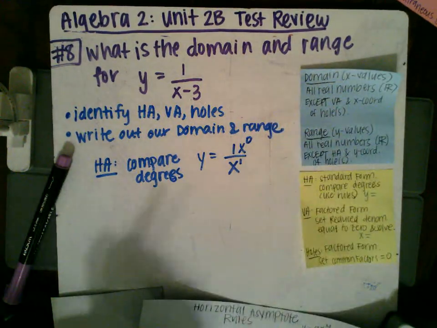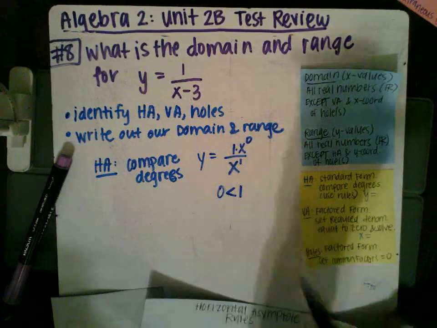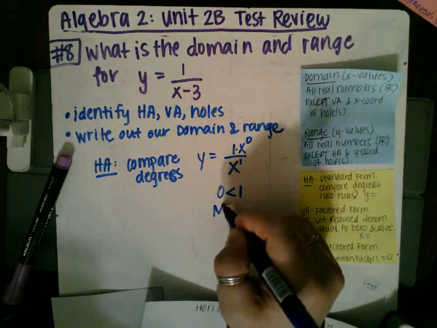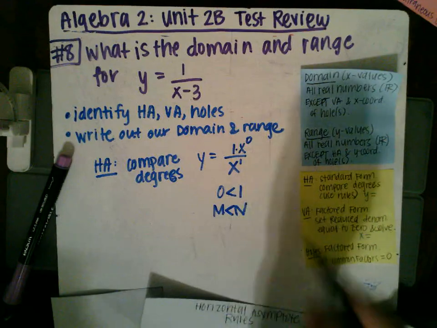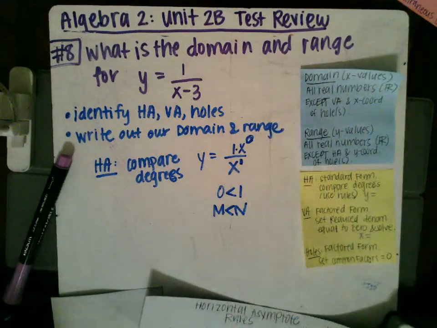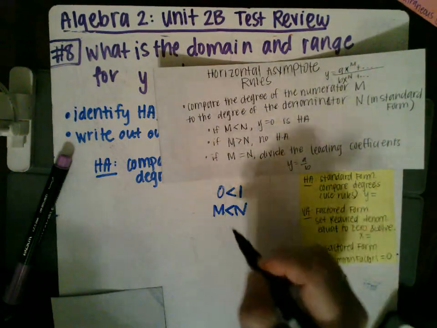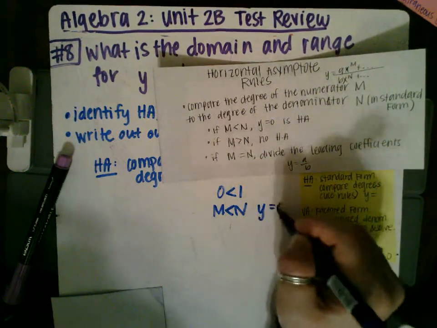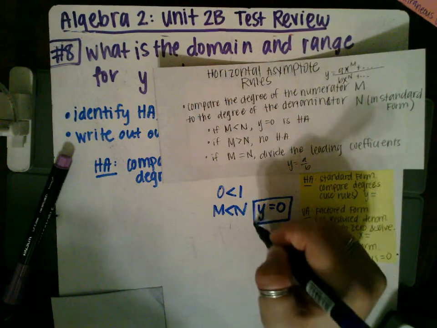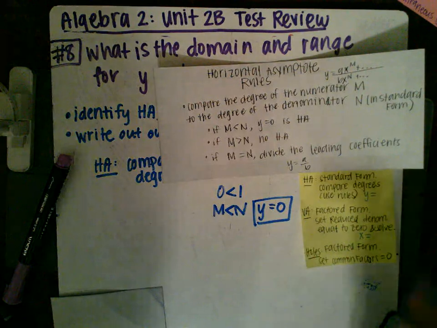This is x to the 1st power. So since 0 is less than 1, or m is less than n, degree 0 is smaller than degree 1. Looking at my rules, m is less than n, I have y equals 0 as my horizontal asymptote. That's how I use my rules.